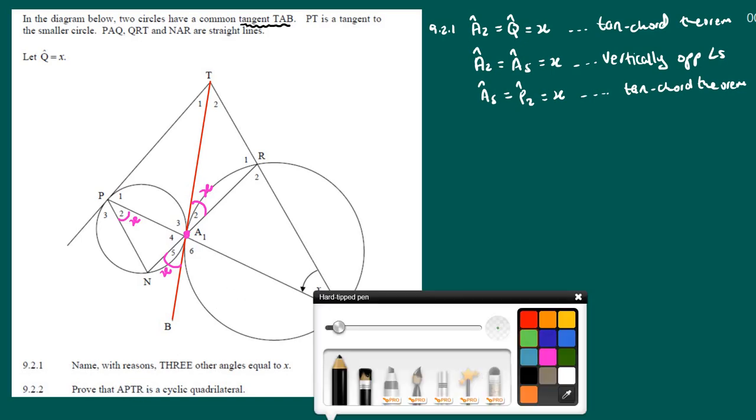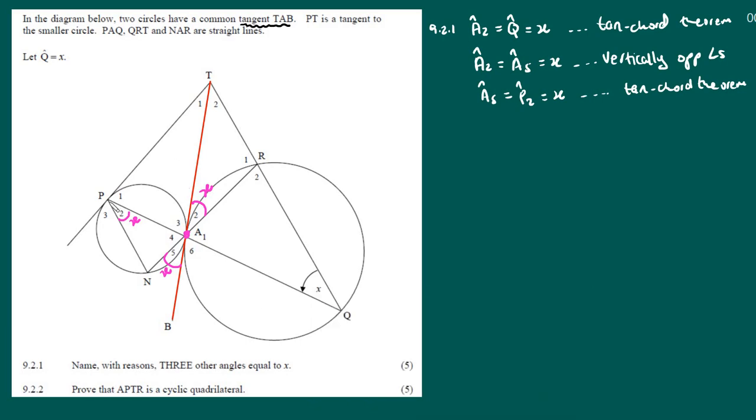Where is APTR? AP, TR. APTR. Okay, is a what? Is a cyclic quad. So it means we're talking about this one here.